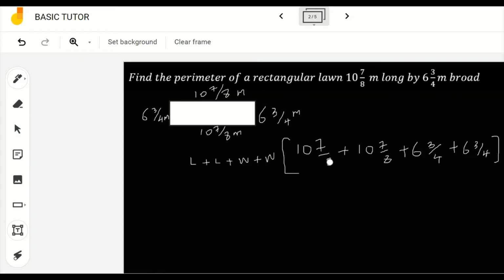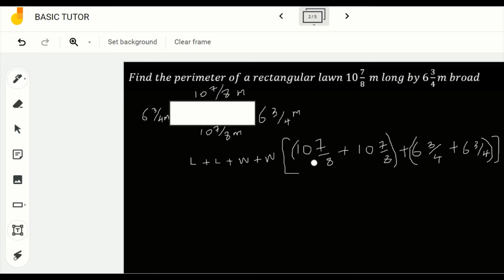I will add these two first because they have the same denominator, so that will be easy to add. Then after I will add this, because they have the same denominator. So let's go.